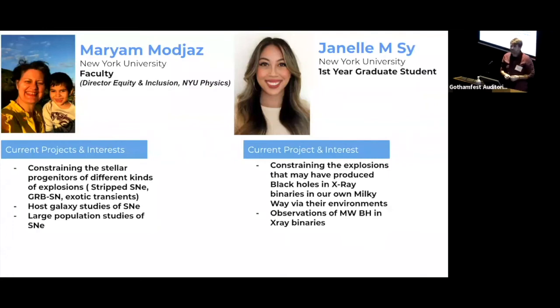Janelle is a first-year grad student with us who has started up a really interesting project, and she's working with Mariam as well as Dave Russell at NYU Abu Dhabi. The question they really have is, can we constrain the explosions that may have produced the black holes in Milky Way black hole binaries by looking at the metallicities of the stars in those binaries and comparing them with the metallicities of stellar explosions, basically supernova GRBs, as well as some other potential stripped envelope supernovae that we know create black holes extragalactically?